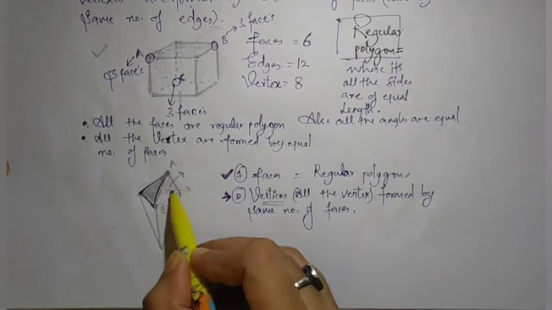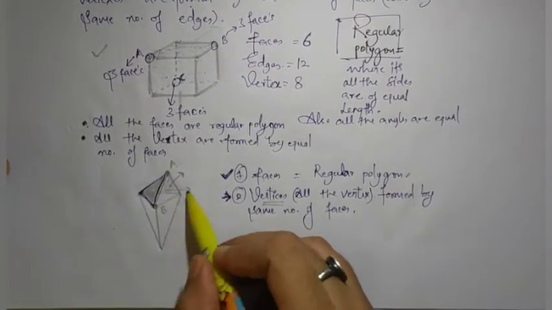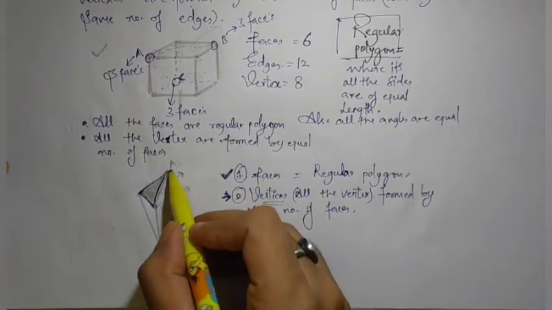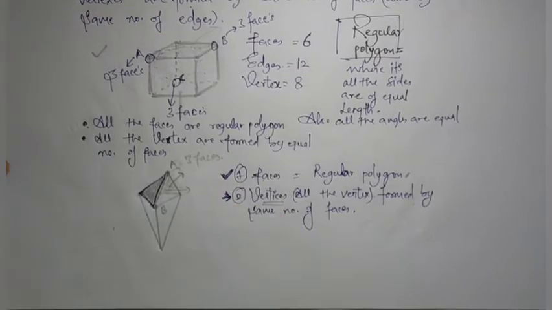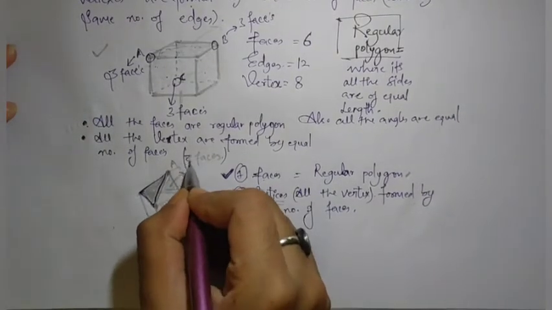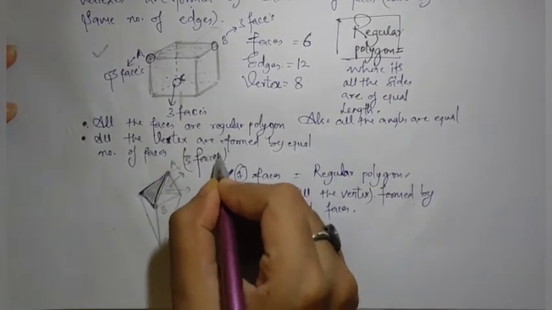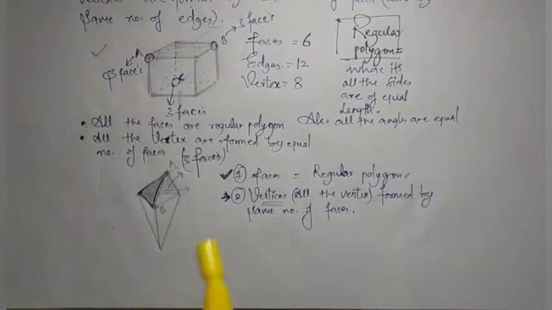Another one is this face and this totally black one. So here it is formed by 3 faces. But if I look at B, how many faces is it formed by?